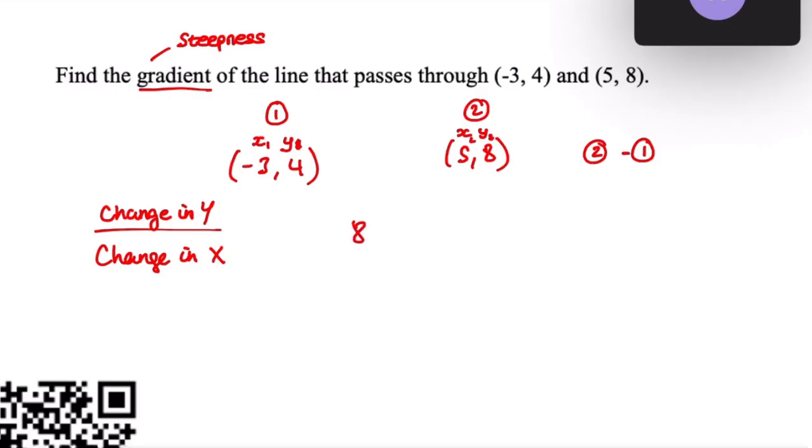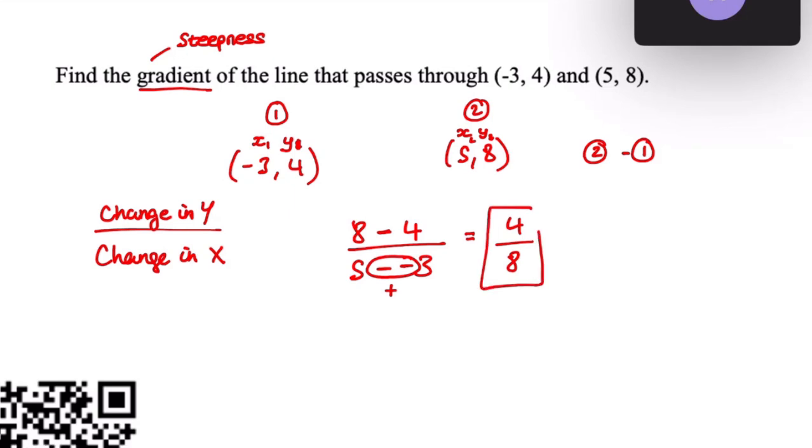So we're going to do 8 subtract 4 divided by 5 subtract -3. 8 subtract 4 gives you 4, and then 5 subtract -3 gives you 8, because two negatives make a positive. So 5 add 3 gives you 8.